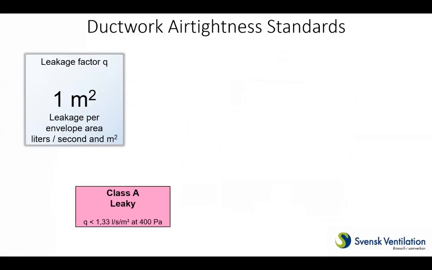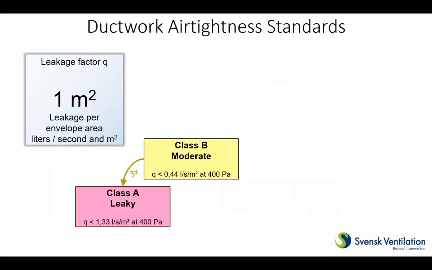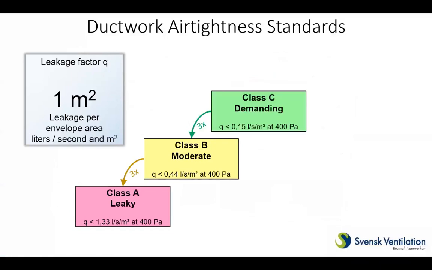It shouldn't be necessary to have it at all, if you ask me. Class B is moderate, and I think it has its given place in this system. Class C is quite demanding, and that has become the normal standard in Sweden.